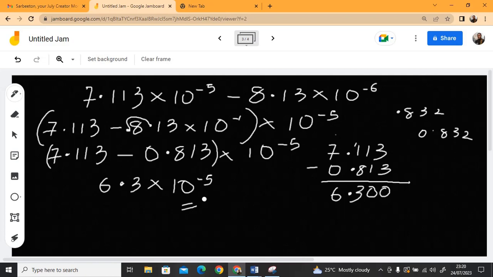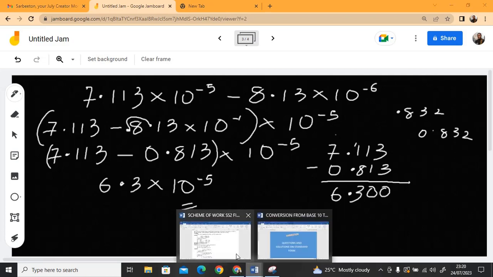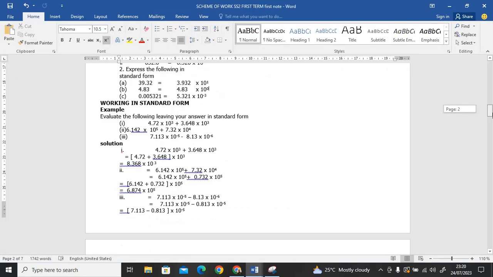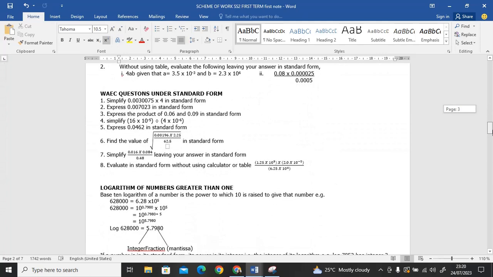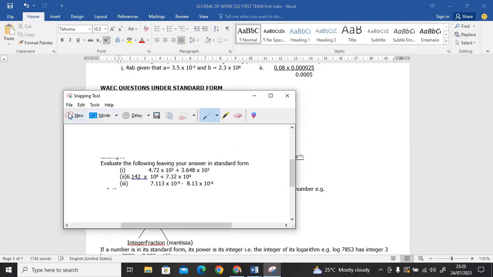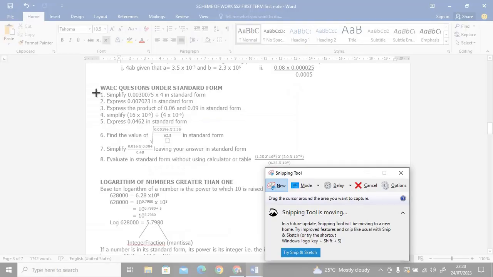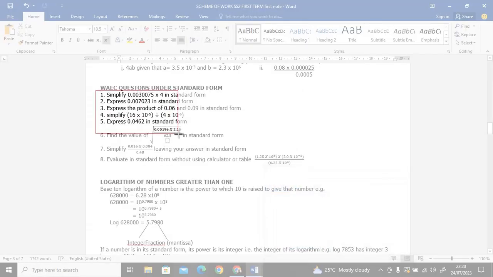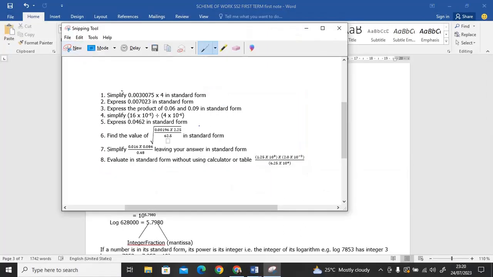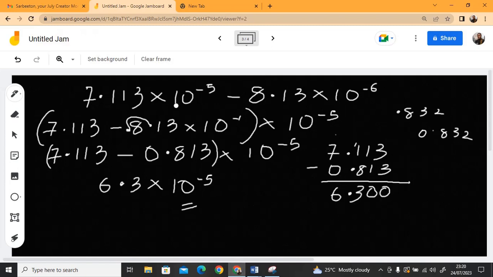So let's look at some WAEC questions from this chapter, from this note that we solved together with standard form. The questions are here. Let me just snap it, then you solve it together. I hope this will not take us time. Let me clear this frame, I don't need it.